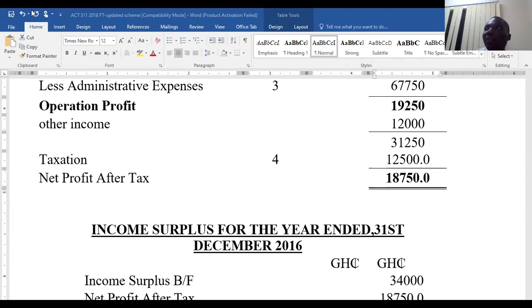That's the 29,750. 29,750 minus the 56,200. How much?